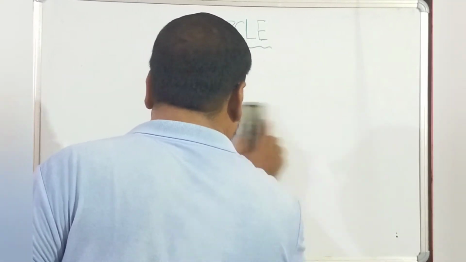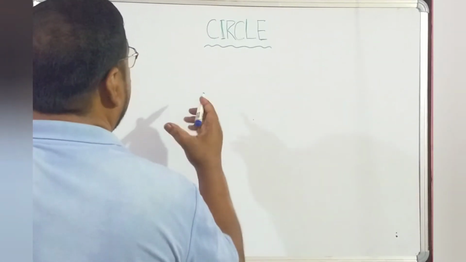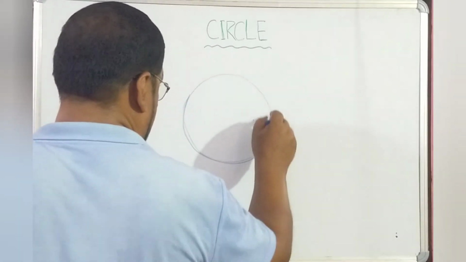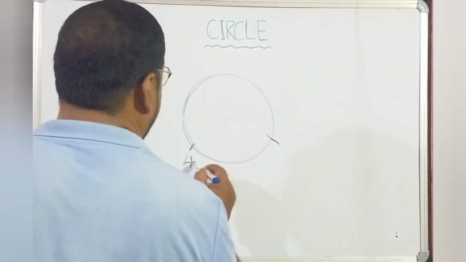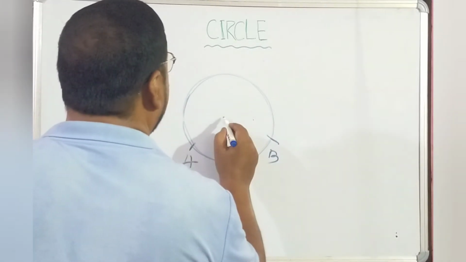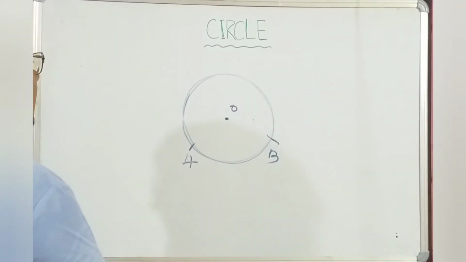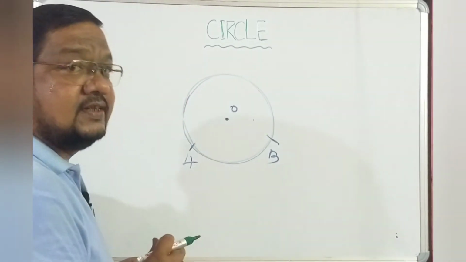What is central angle? This is very important. Suppose this is a circle and this is the arc AB and this is the center O. The angle subtended by an arc at the center.